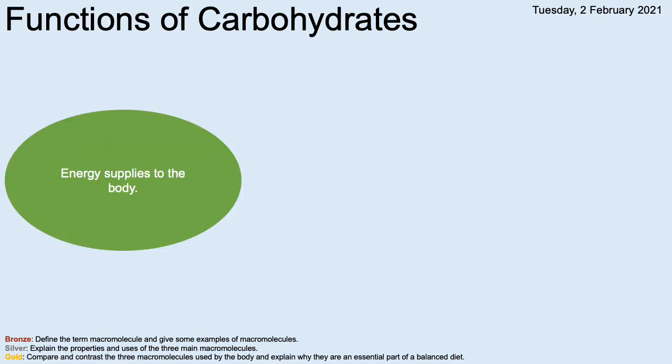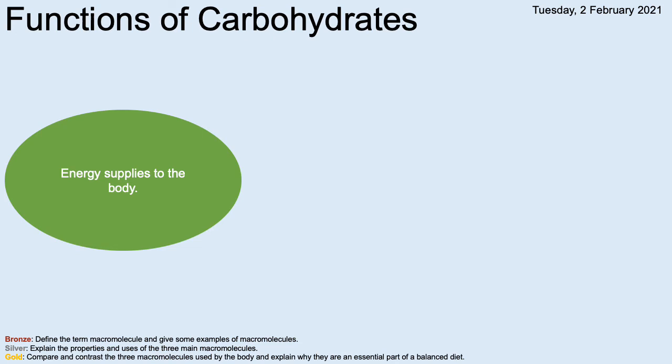So the first one is energy supplies to the body. A carbohydrate is the main energy supply that we use for our cells to survive and function. We break down glucose to release ATP energy, and then we can use that for anything really: respiration, movement, anything that a certain cell does.